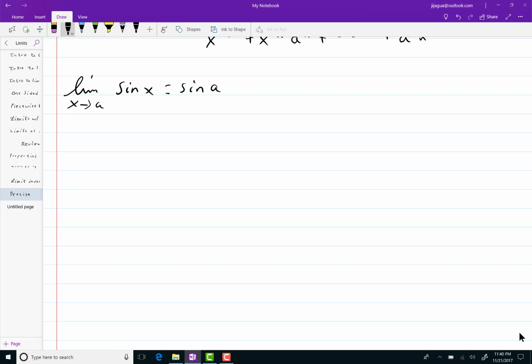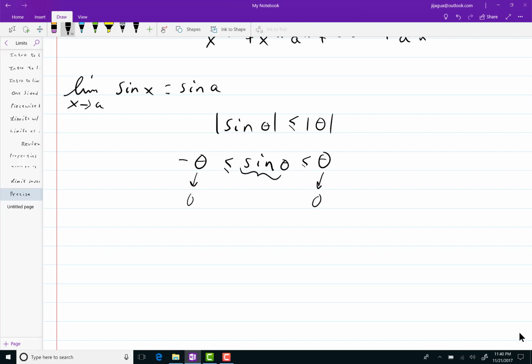Now, earlier in this, I don't remember where it was. Oh yeah, when we were proving sine of theta over theta, we came across an inequality that was like this. If we rewrite this way, when theta goes to 0, sine of theta is forced to go to 0 by the sandwich theorem, or the squeeze theorem.